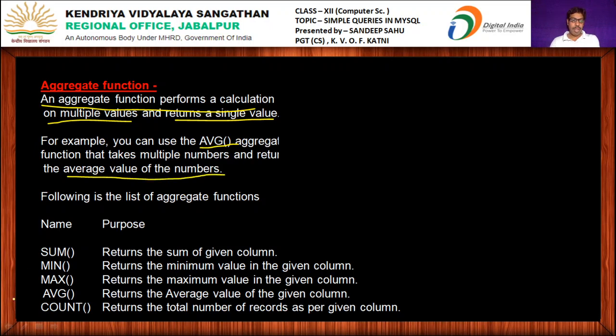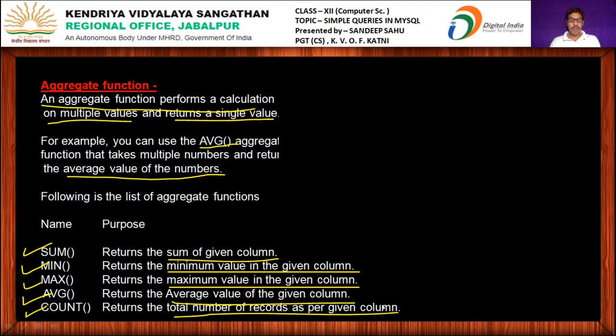Some aggregate functions are sum, that returns the sum of the given column; min, that returns the minimum value in the given column; max, that returns the maximum value in the given column; avg, which returns the average value in the given column; and count, which returns the total number of records as per the given column. So let's understand it with a practical example.